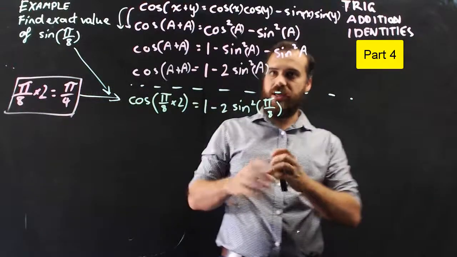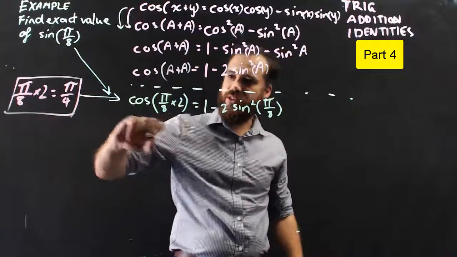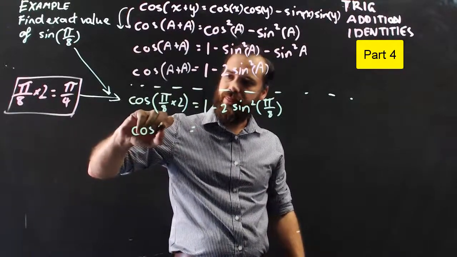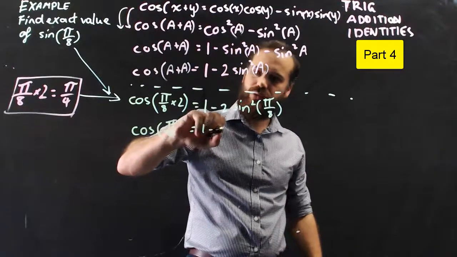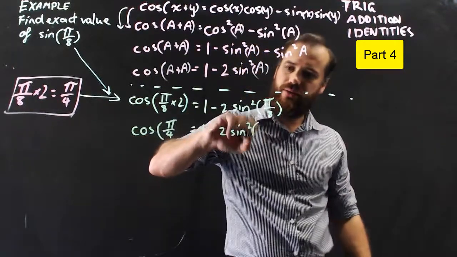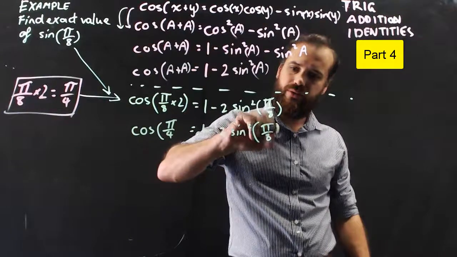So now we just need to solve this entire thing. We can say 2 times pi on 8 is pi on 4, equals 1 minus 2 sine squared pi on 8.